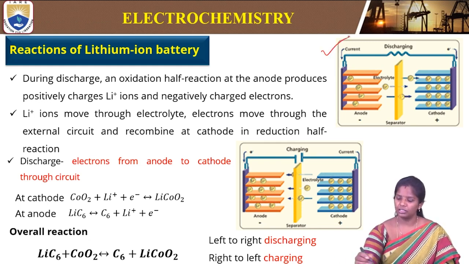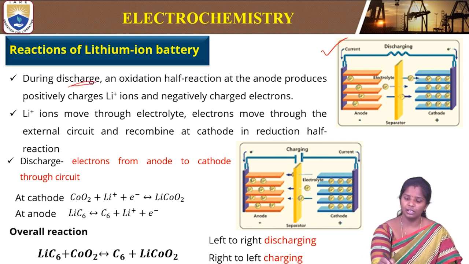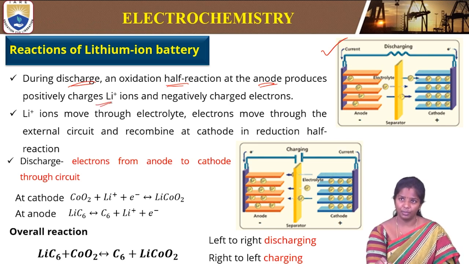So let us see the discharging reaction. What happens at discharge when we are using the lithium ion battery in the application. During discharge, an oxidation half reaction at the anode produces positively charged lithium plus ions and negatively charged electrons.